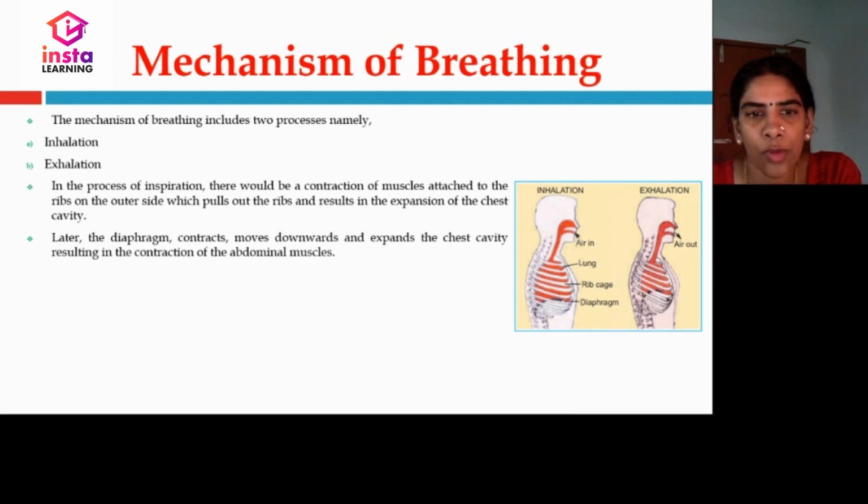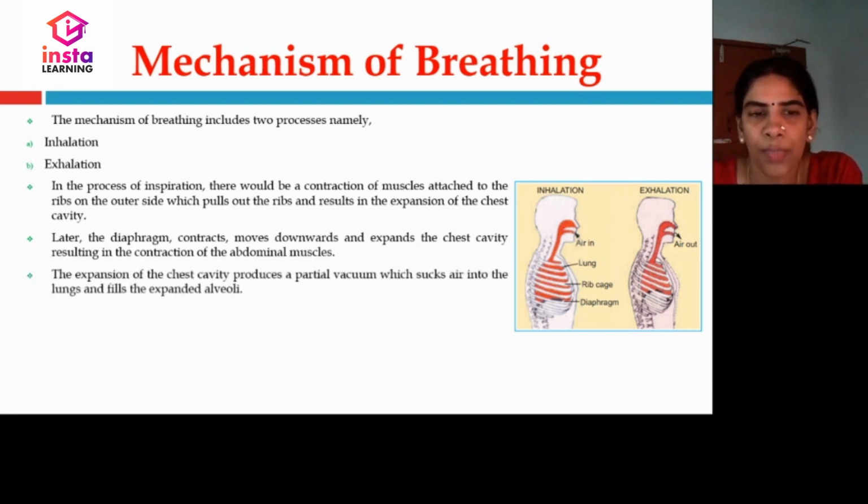Later, the diaphragm contracts, moves downwards and expands the chest cavity, and the abdominal muscles contract. The expansion of the chest cavity produces a partial vacuum which sucks air into the lungs and fills the expanded alveoli.